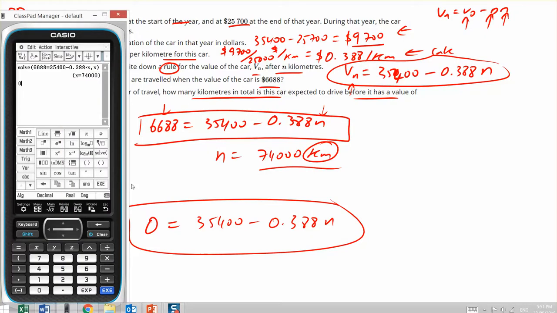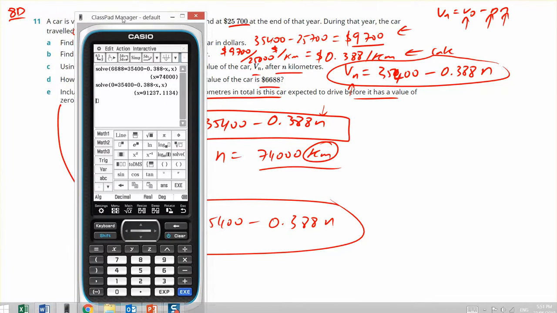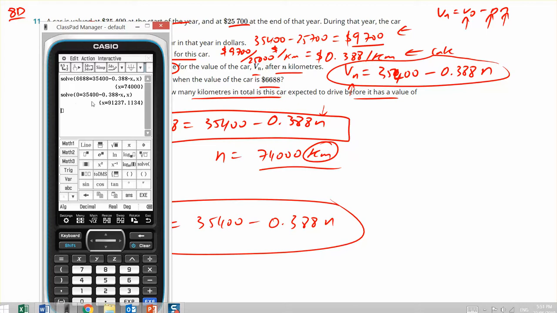So we go 0 equals 35400 minus 0.388x, interactive, advanced, solve, and we can see how many kilometers are expected to reach 0. You've got to be careful with decimal places here, because we're talking about kilometers.